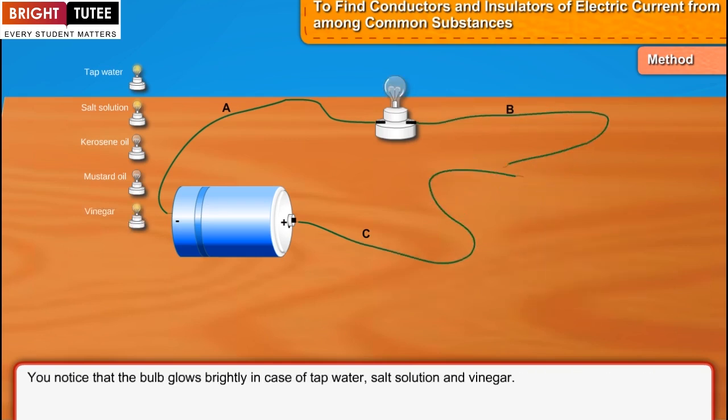You notice that the bulb glows brightly in the case of tap water, salt solution and vinegar. However, the bulb does not glow in the case of kerosene oil and mustard oil.